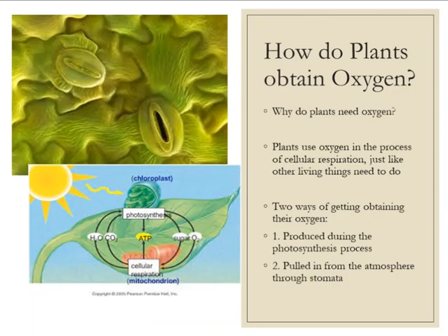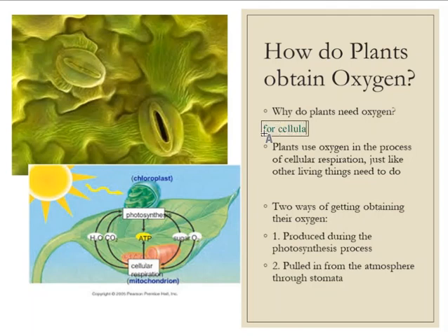How do plants obtain oxygen? Well, they don't have a standard respiratory system that we would consider. So they do need oxygen. And if you remember, they go through the same process that all other living things go through that needs oxygen. So plants need oxygen in order to undergo cellular respiration.